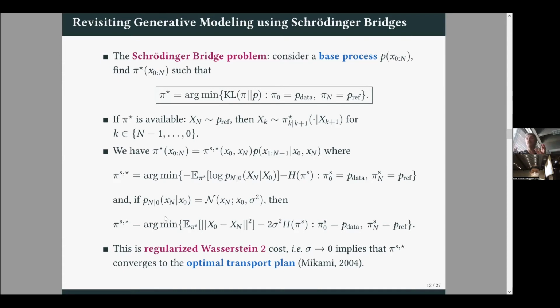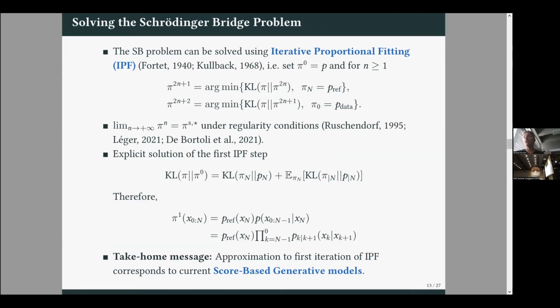So you can think of this Schrodinger bridge problem as just an entropy regularized version of optimal transport. That's the first point, and it's quite interesting. Now, how do you solve the Schrodinger bridge problem? Well, it has a very long history in the maths literature, and there has been work in statistics, linear algebra, and so on.